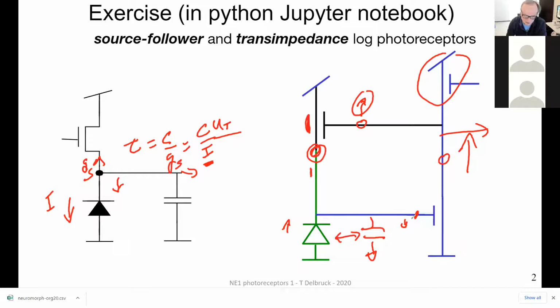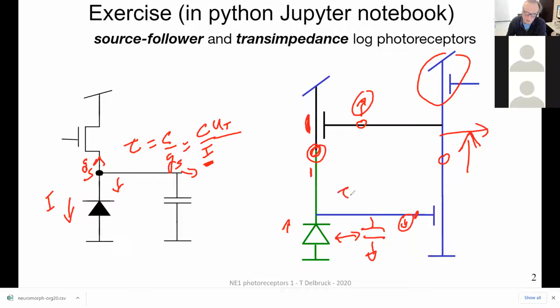But do you see how it's amplified now? Because now when I pull the source voltage down a little bit, the gate voltage goes up 100 times as much if the voltage gain is 100. And so if the gate goes up when the source goes down, that effectively increases the conductance by a factor of 100.